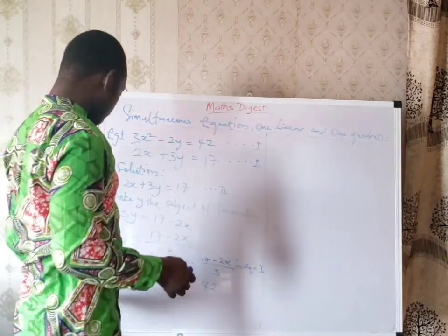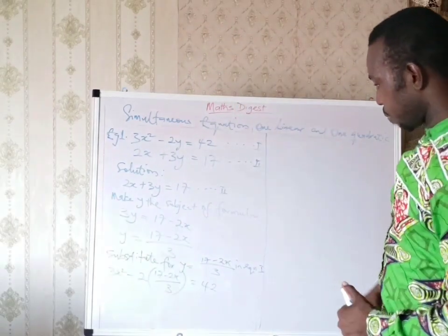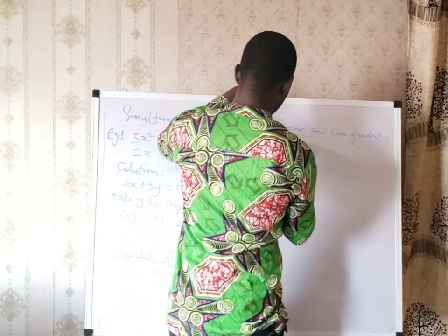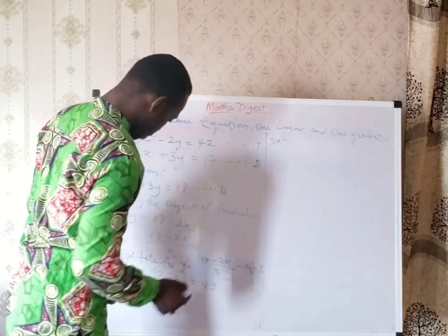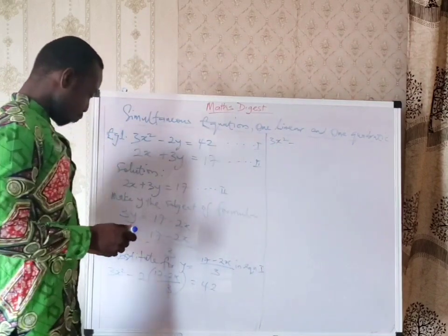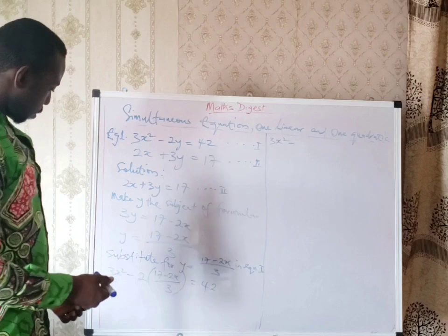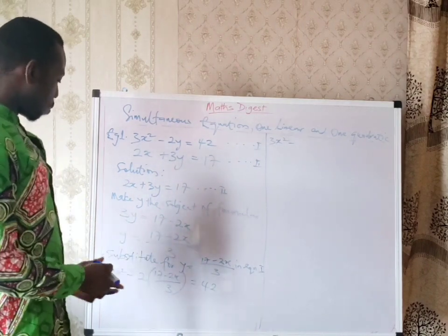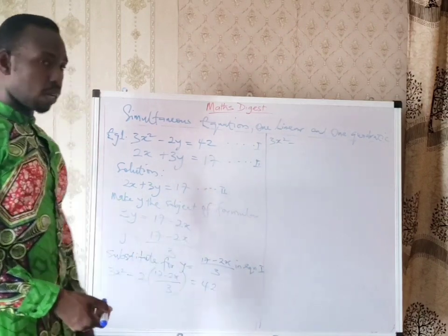Now from here we have 3x squared minus, remember this is just like multiplying, just like saying 2 over 1 times this over this. So what this implies is that we're going to multiply the numerator alone.